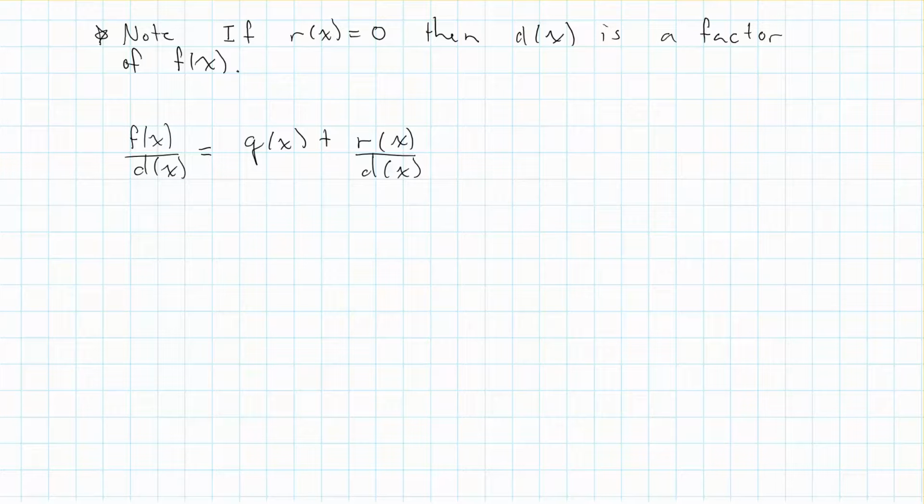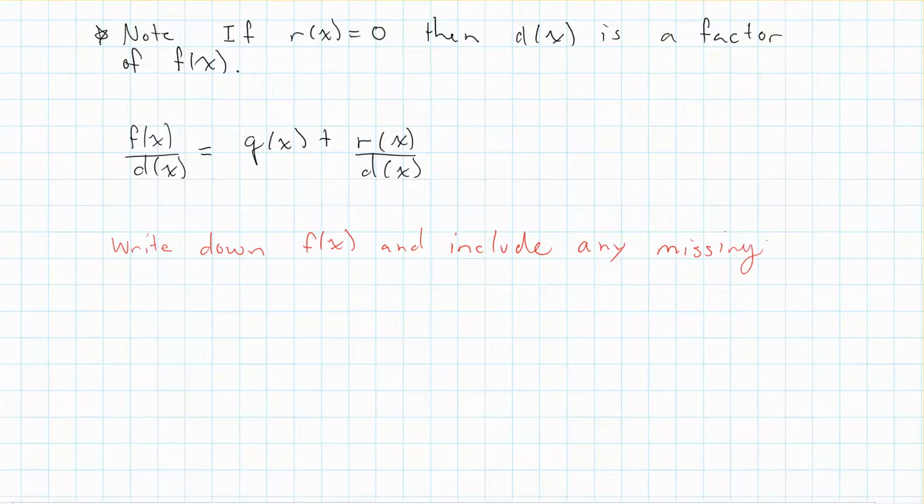The one thing you want to keep in mind here is that you want to write down f of x and include any missing terms by adding zeros in.